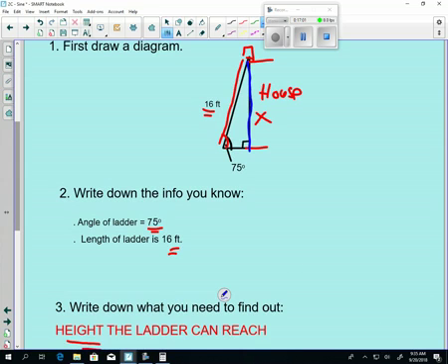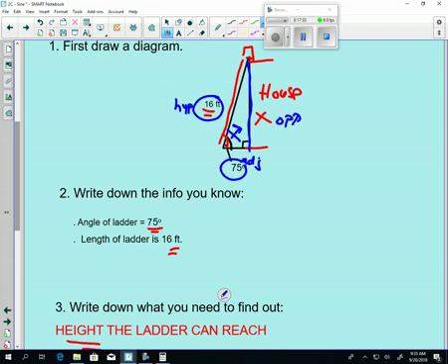So we have one angle and we have one measurement. We can use trig. First thing we do is label that triangle. If this is the reference angle, then this side is opposite. This is my right angle, so this side over here is my hypotenuse. It's opposite the right angle, which means that this side down here is my adjacent side.